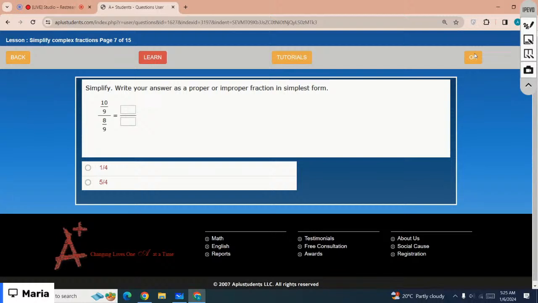The correct option is 5 over 4. Option number 2 is the correct option. Got it?